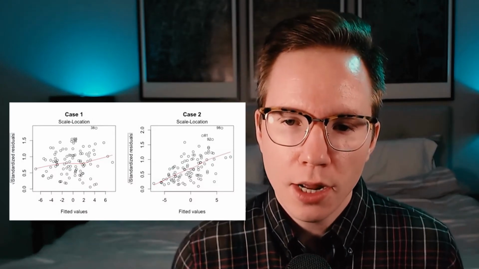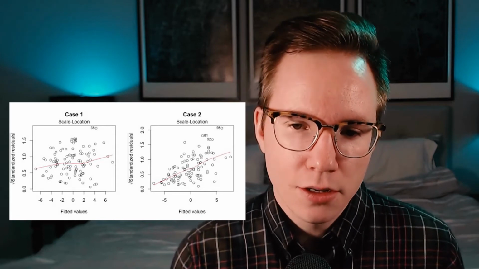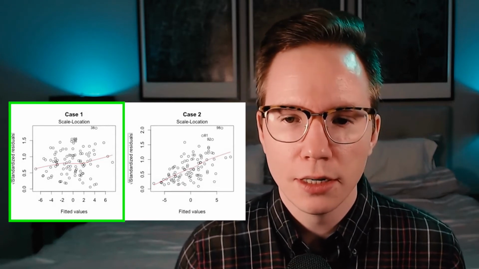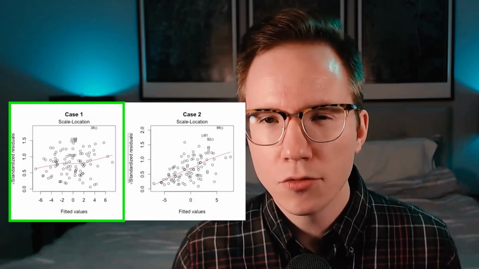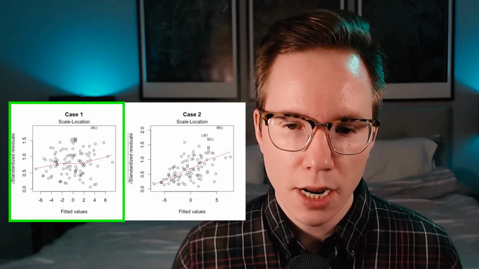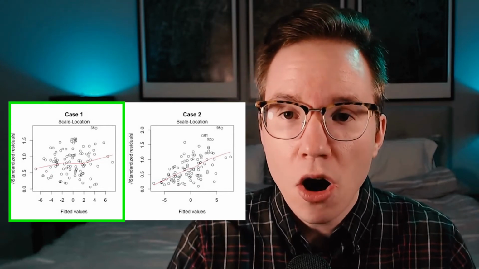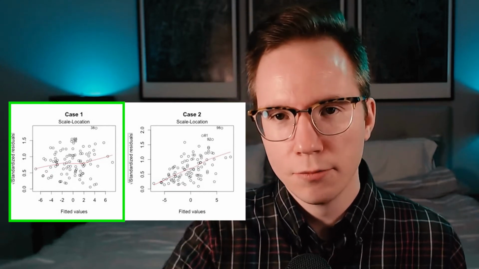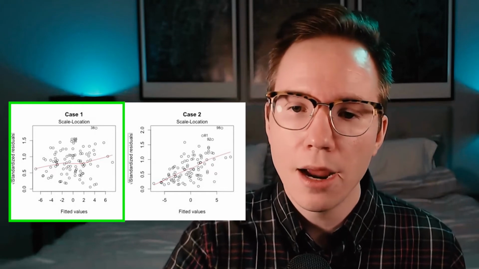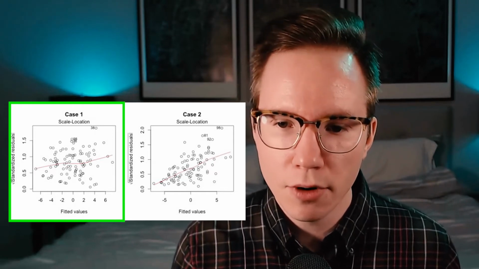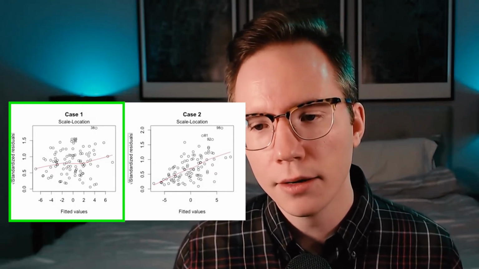So in the plots on the slide, you can see that in case 1, we have a relatively horizontal red line, and you can see the points have a constant variance, so both vertically up and down as well as horizontally left to right around that red line.